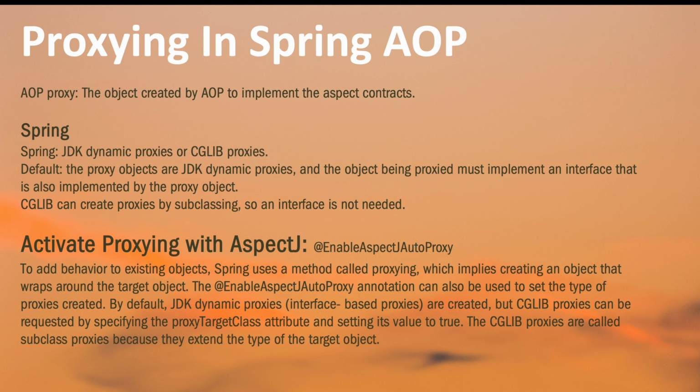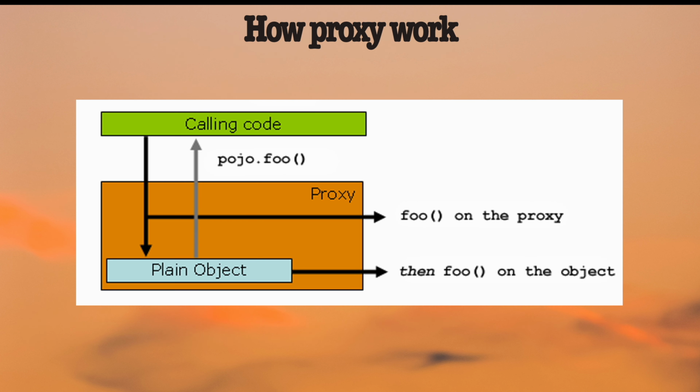But CGLIB proxies are requested by specifying the proxyTargetClass attribute and setting its value to true inside @EnableAspectJAutoProxy. CGLIB proxies are called subclass proxies because they extend the type of the target object.